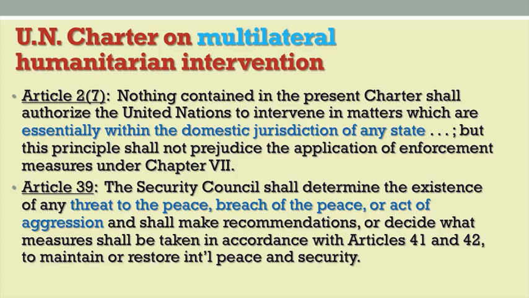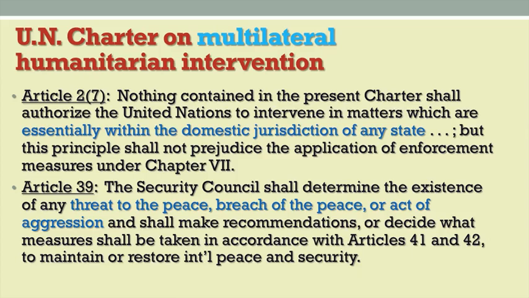For now, though, I want to emphasize the fact that there is an institutional mechanism in the Charter that allows for dealing with these boundary crossing types of cases, if you will. And that is in the last line of Article 2.7, which says that this particular domestic jurisdiction principle doesn't prejudice the application of enforcement measures under Chapter 7 of the Charter.